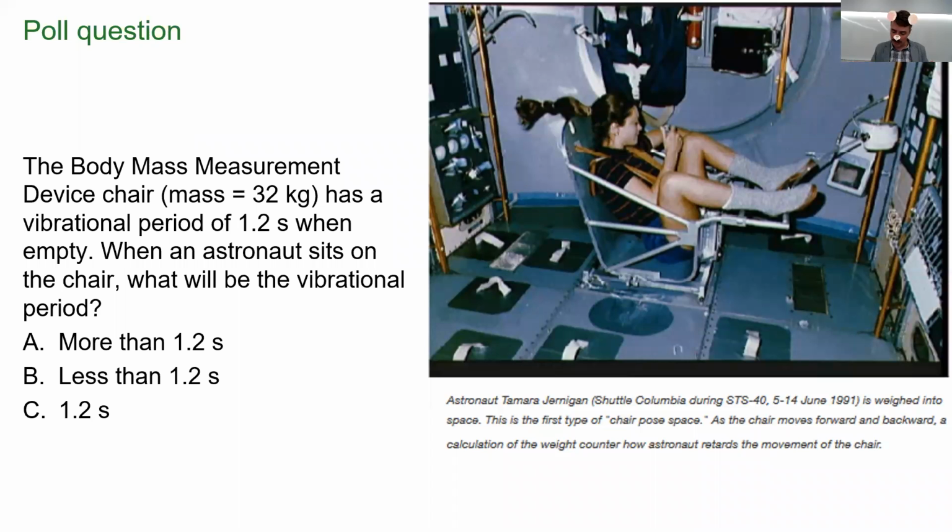But then this astronaut right here, Tamara Jernigan, sits in it, and it oscillates again with the same spring constant. What will be the vibrational period? Will it, when she's sitting in it, be more than 1.2 seconds, less than 1.2 seconds, or exactly 1.2 seconds? Think about that, and then let's actually solve it.